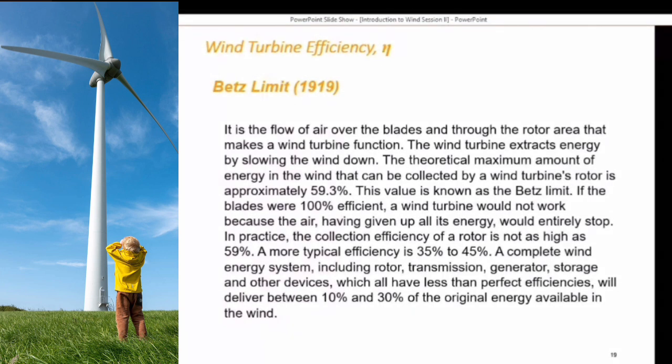So the maximum, as well as this Betz limit, will help in considering the number of blades.